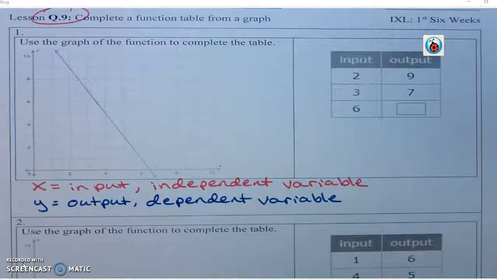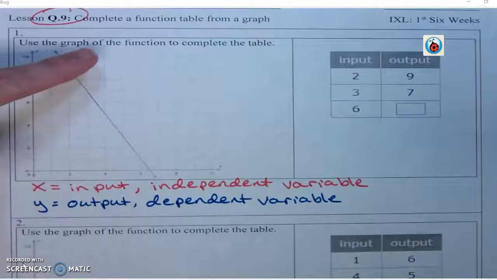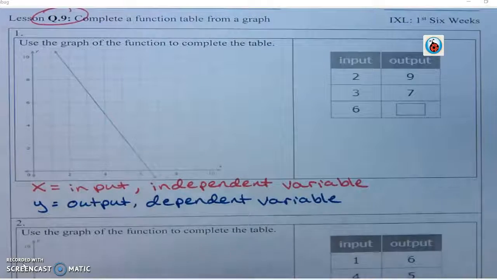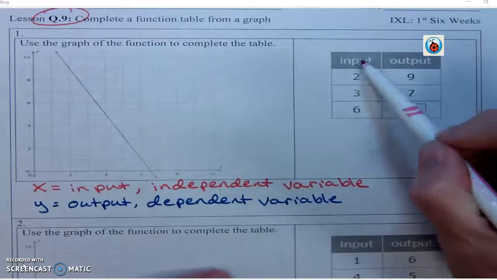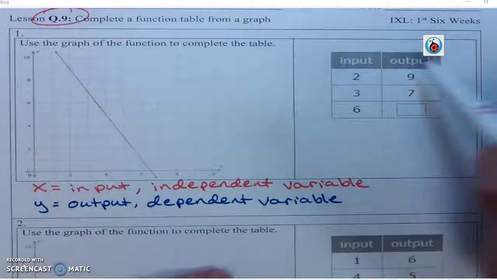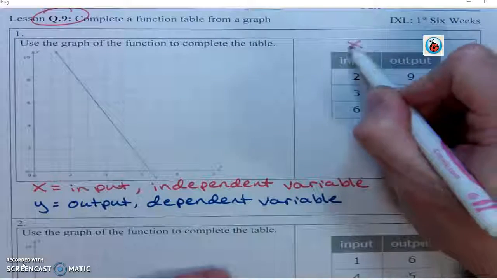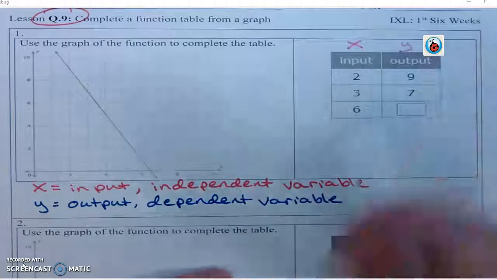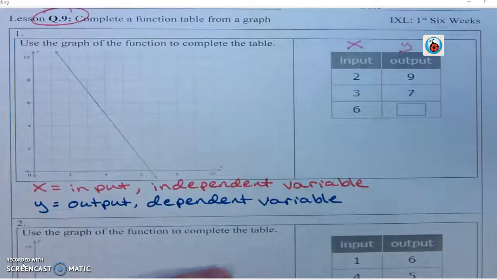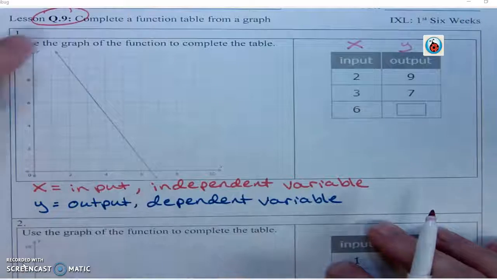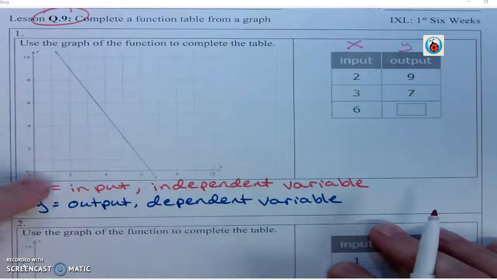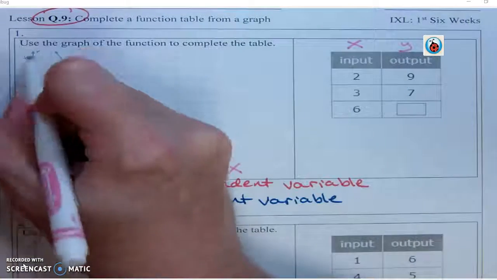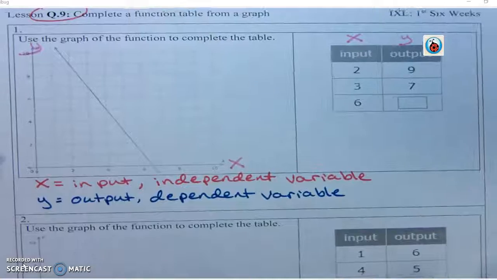So we are asked to use the graph of the function to complete this table. Okay. So we know, oh yeah, here is input and output. We know that input is the X value while the output is the Y value. And we remember, as also described to us on our graph, here's my X axis and my Y axis. Great.